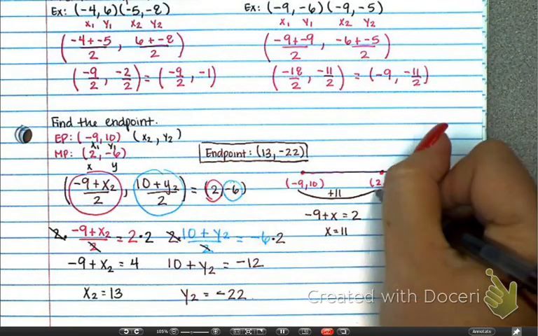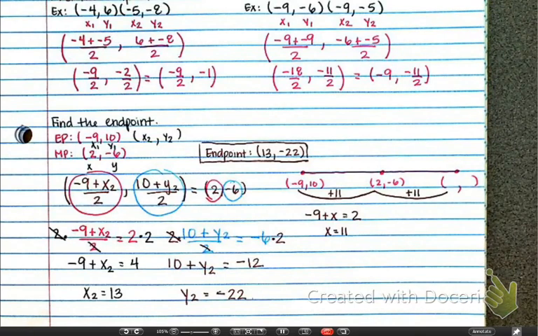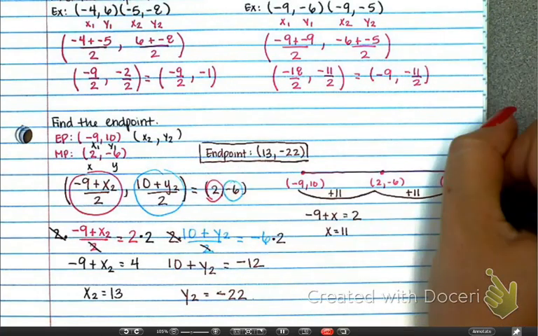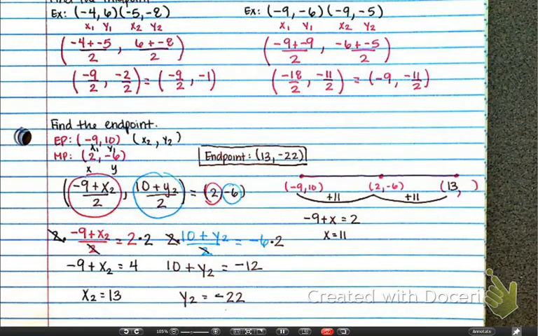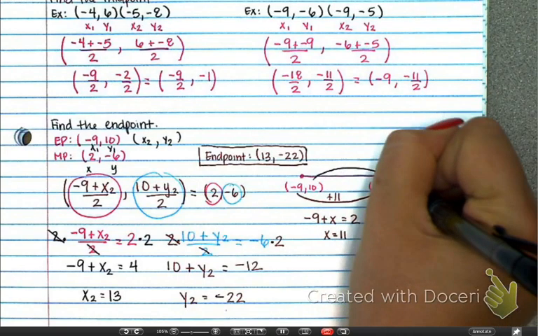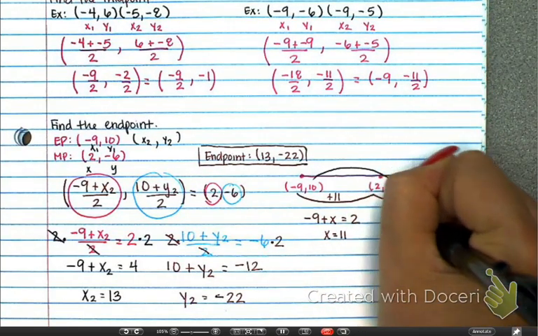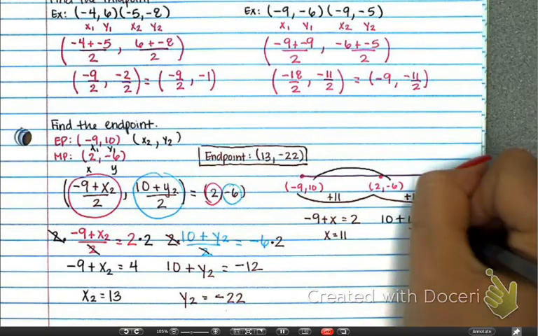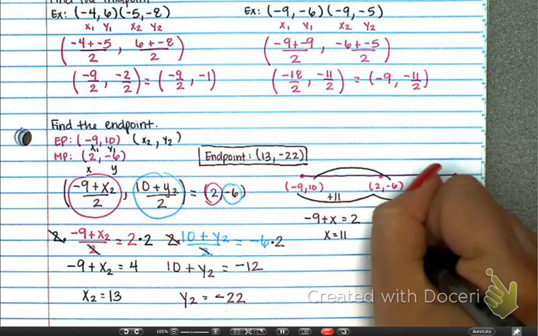So to get to this other endpoint, I'm going to add 11. What's 2 plus 11? 13. Isn't that what I already got? Okay. So I'm going to do the same thing for y. How do I get from 10 to negative 6? So 10 plus something on the y equals negative 6. If I subtract 10, what does y equal?